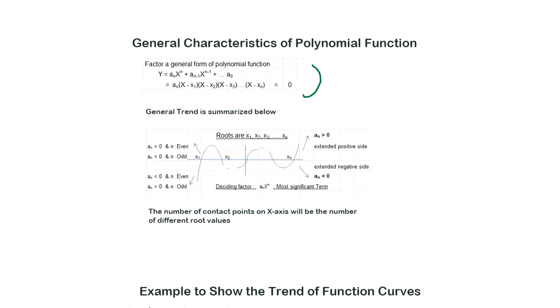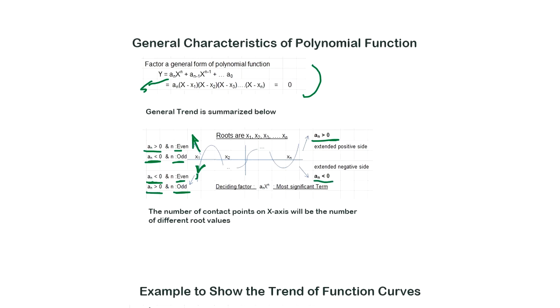So what we do is we look at the sign of an. Positive sign and n is even, then it goes this way. If negative sign and n is odd, it goes this way. If negative sign and n is even, it goes down again. If positive, then it goes up.